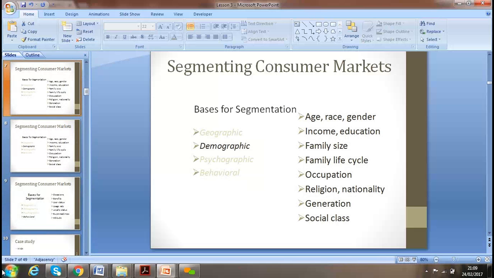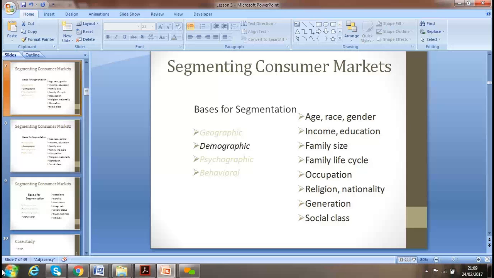Next, a very important basis of segmentation, like the geographic, is demographic. For any sort of product and service, any business we are in, segmentation on the basis of demographics is very, very important. Like age, some products we can segment according to age, race, gender, income, education.